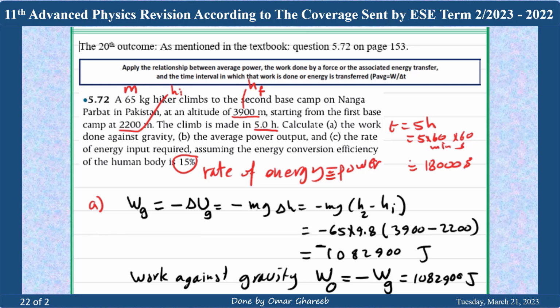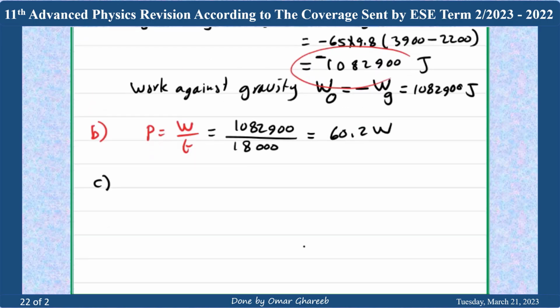So the remaining is what I need, this one. So I will put it like this. 15% E equal the work needed above. So E equal that work over 15%.